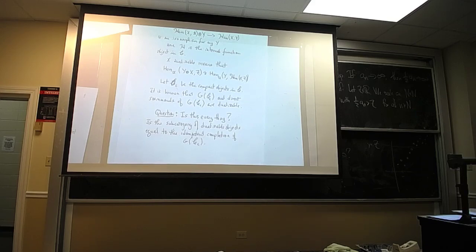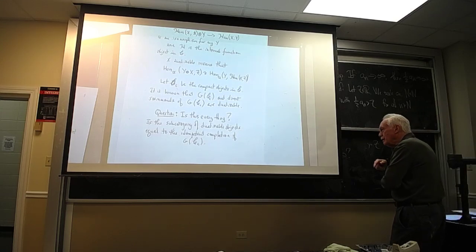Now you have to allow direct sums, and when you're actually thinking about this problem, that complicates things considerably, because whereas you might be able to write down something that you know doesn't come from a compact object, it's very hard to figure out whether or not it might be the direct summand of something that comes from a compact object.